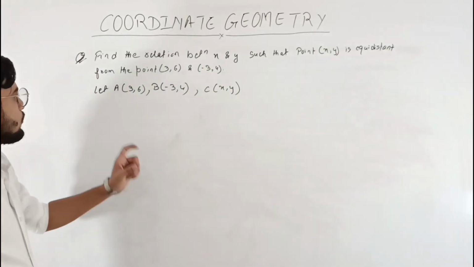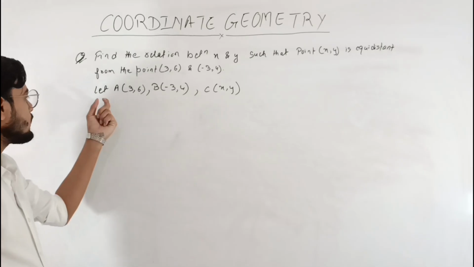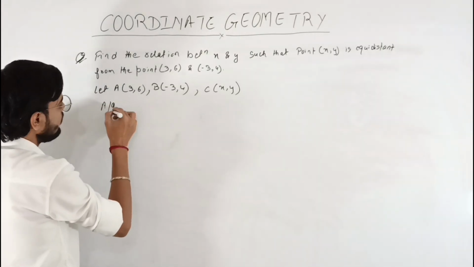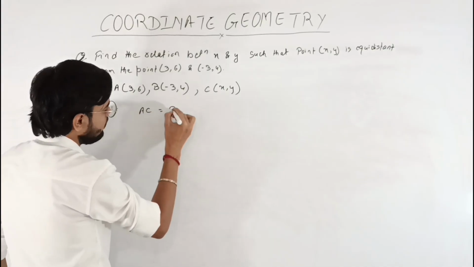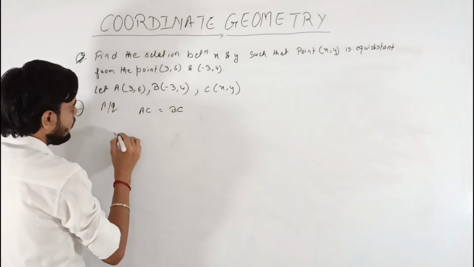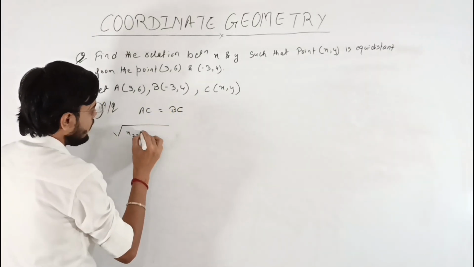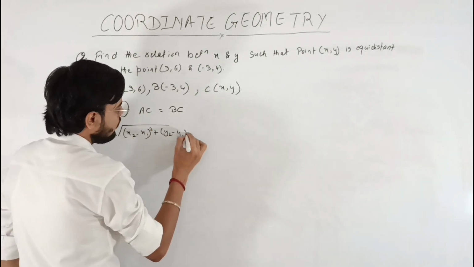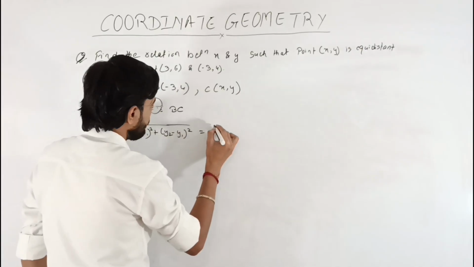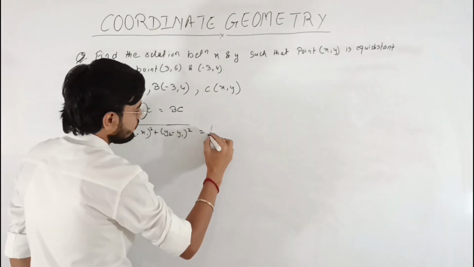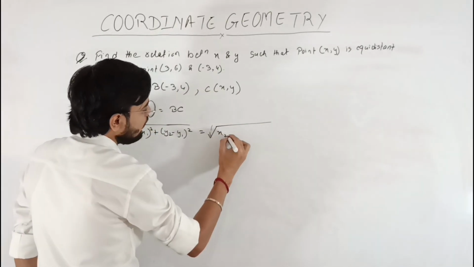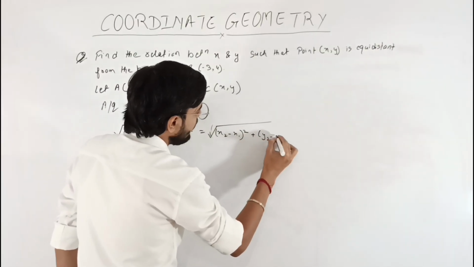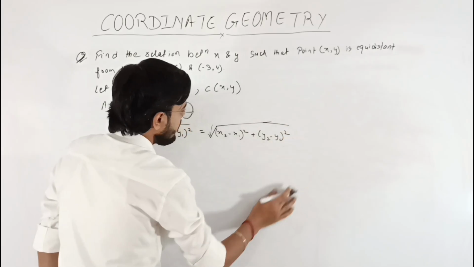Okay, now the question said that this point C is equal distance from A and B, which means AC is equals to BC. Okay, so now AC is what? By distance formula, root of x2 minus x1 square plus y2 minus y1 square is equals to. Now BC is what? Under root x2 minus x1 square plus y2 minus y1 square.